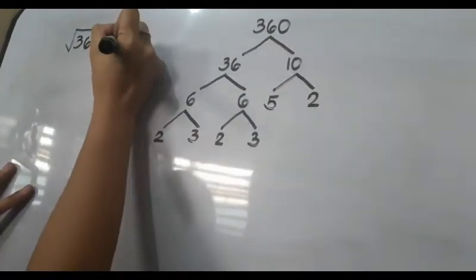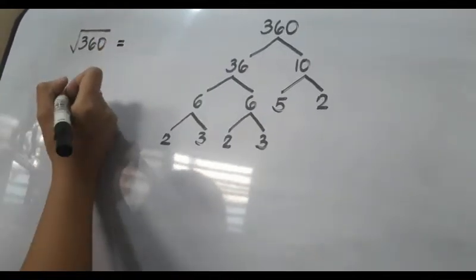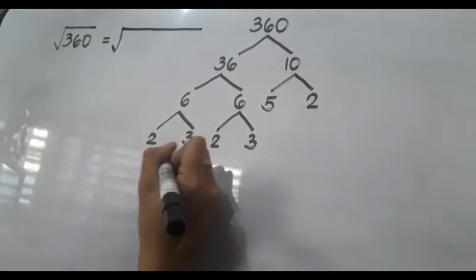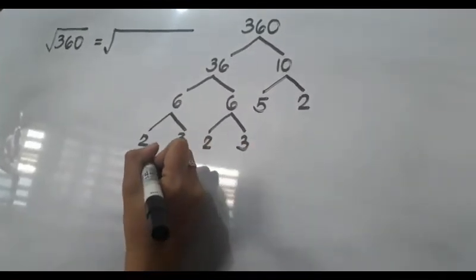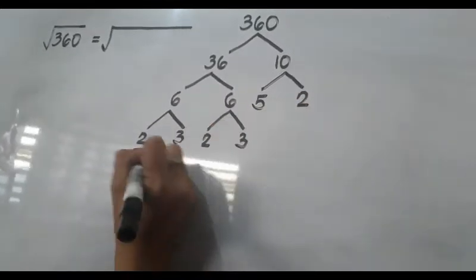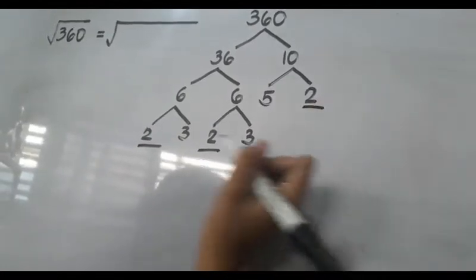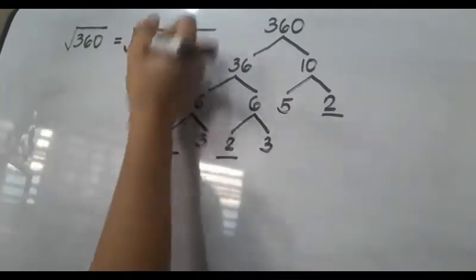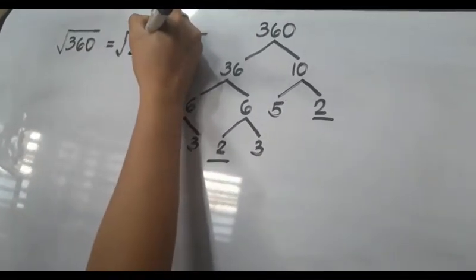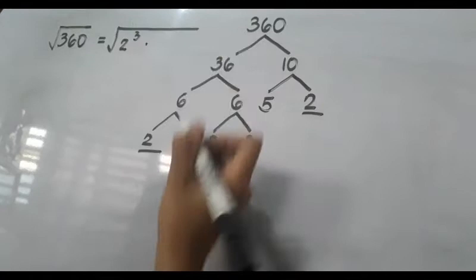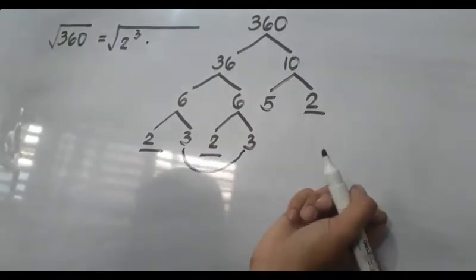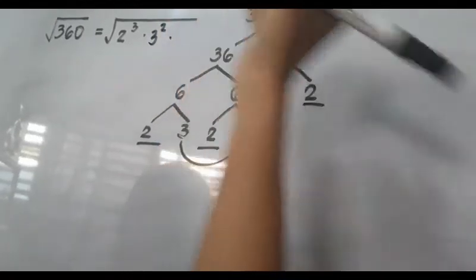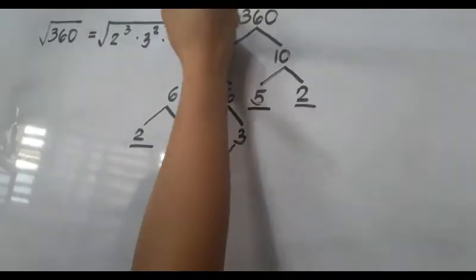So we can write this as the square root of 360 is equal to the square root of, we have 2 cubed since there are 3 2's, times there are 2 3's, so we have 3 squared, times the 5.